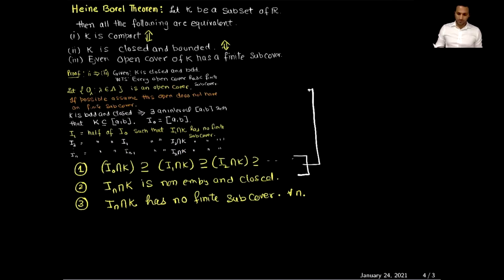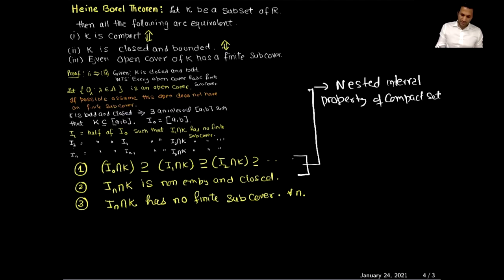So now 1 and 2 imply, by the nested interval property of compact sets, that the intersection for n varying from 1 to infinity of In intersection K is not equal to empty. This is the nested interval property of compact sets, because In intersection K are all compact.